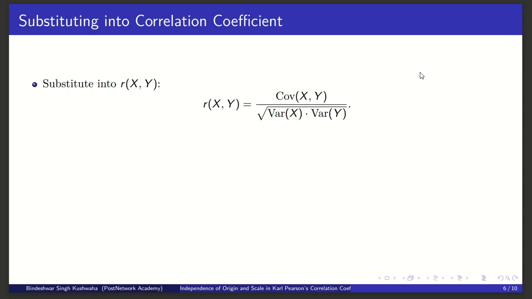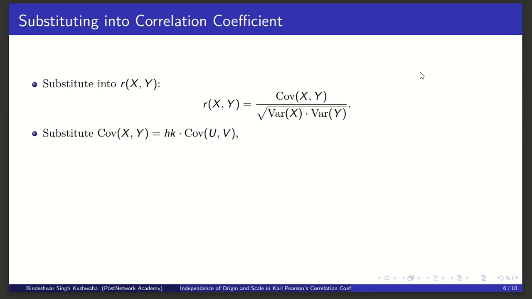Now the formula of correlation is r xy equal to the covariance of x and y upon the standard deviation of x times the standard deviation of y, or the square root of the variance of x into the variance of y.